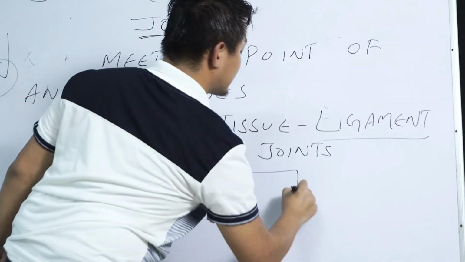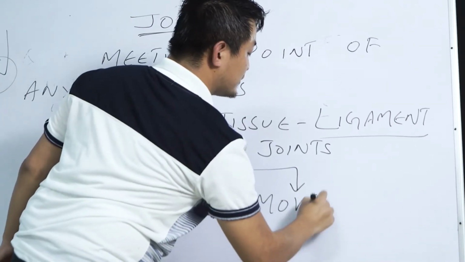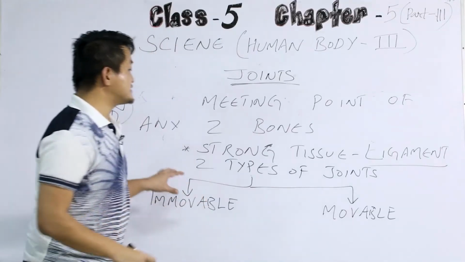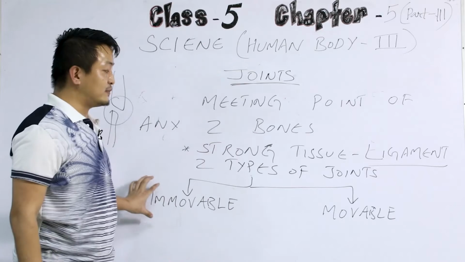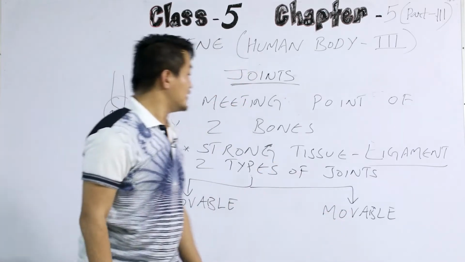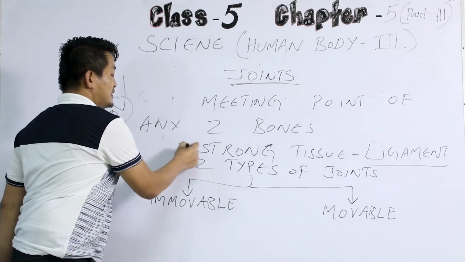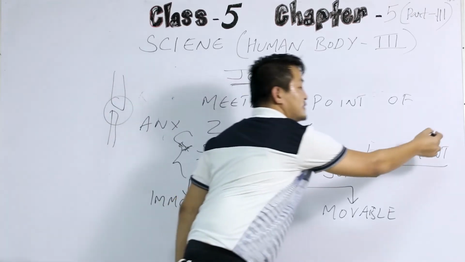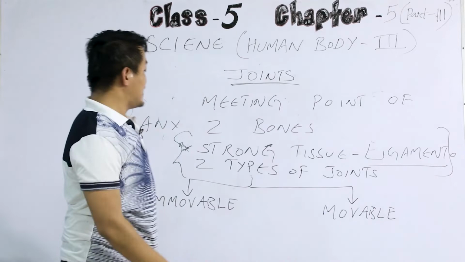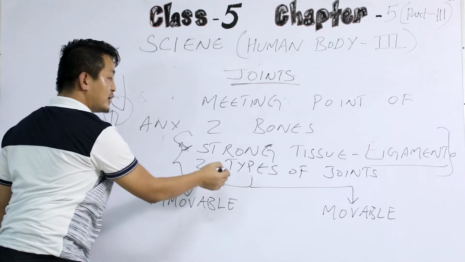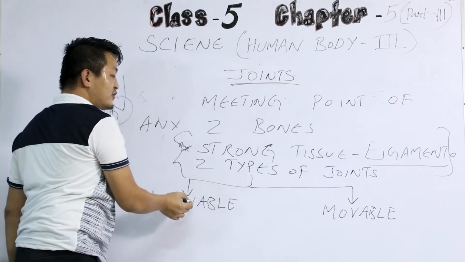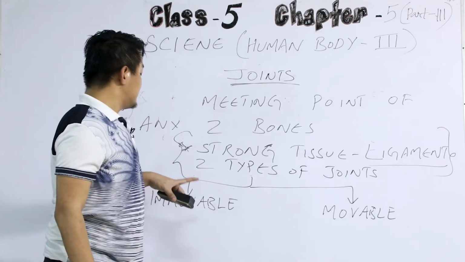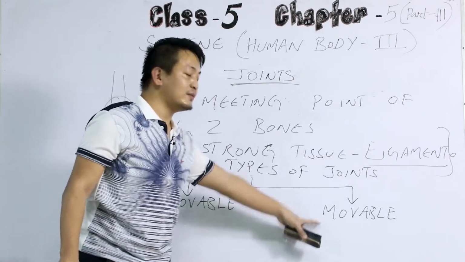And the second one is movable joints. So we have two types of joints, immovable and movable. I want you to note this down, and note that ligament is important. Now we'll discuss both immovable and movable joints in detail.